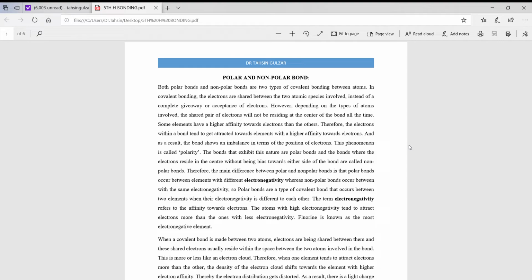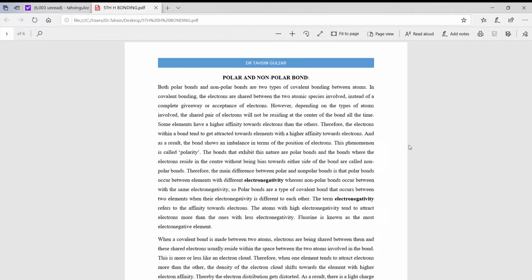When hydrogen bonding is within the same molecule, it is intramolecular hydrogen bonding, and when it is between two or more other molecules, it is intermolecular hydrogen bonding.